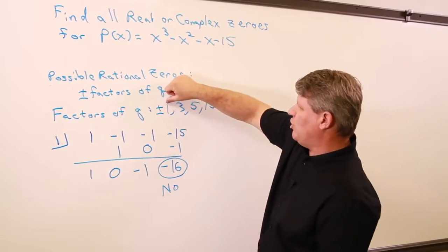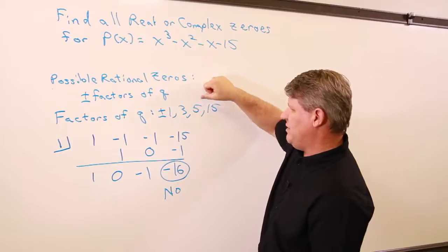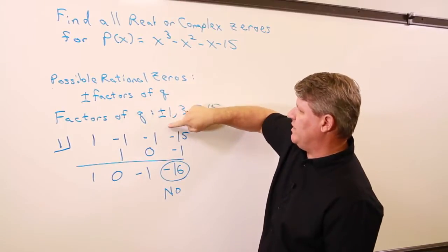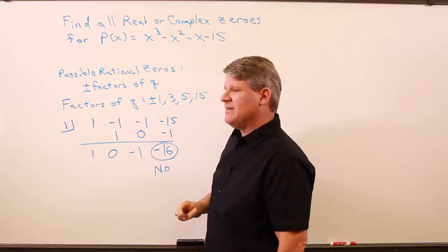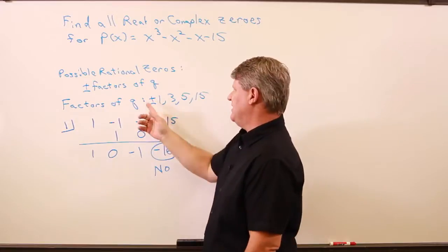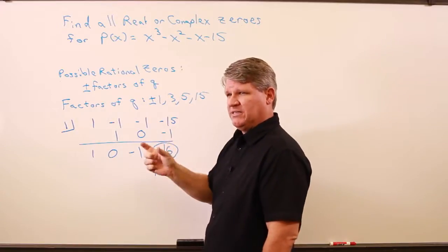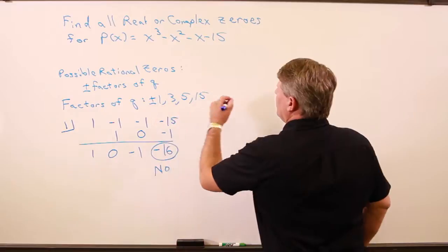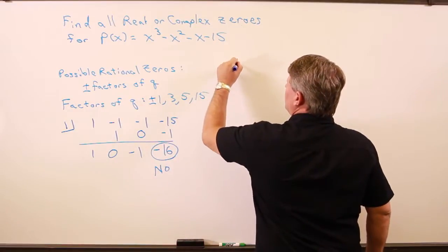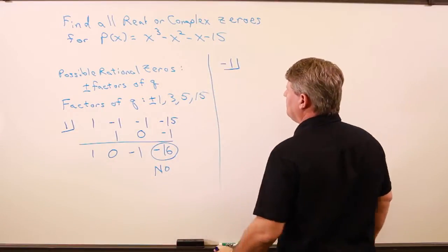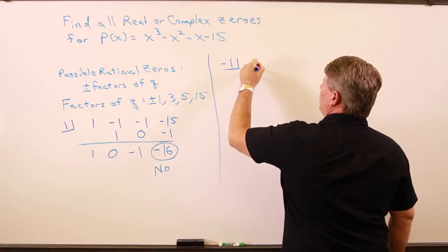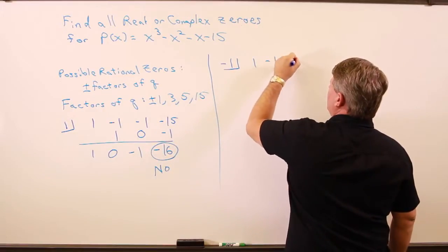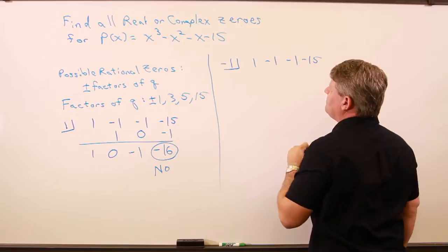Now, we could guess all the positives, 1, 3, 5, 15, or we could go back and forth, positive 1, negative 1, positive 3, negative 3. I've found in my experience that it's better to go back and forth between the positives and the negatives. So my next guess is going to be negative 1. Again, I write down my coefficients: 1, negative 1, negative 1, and negative 15.